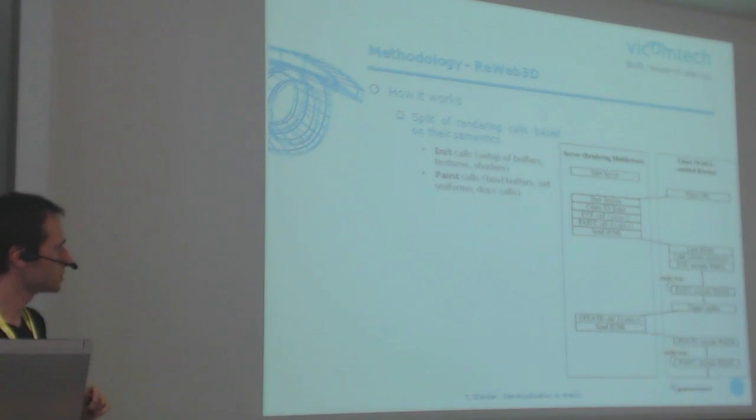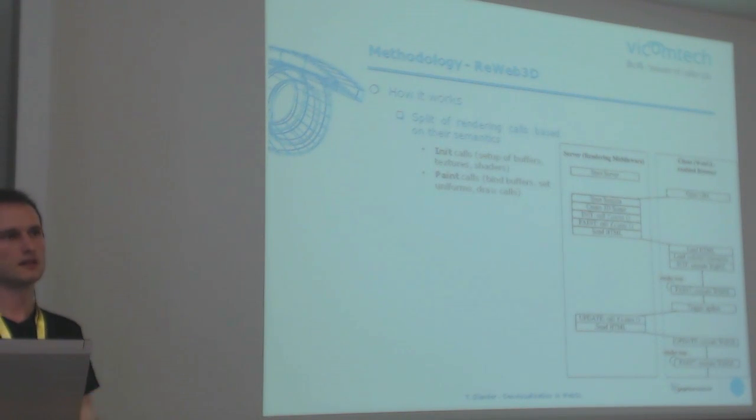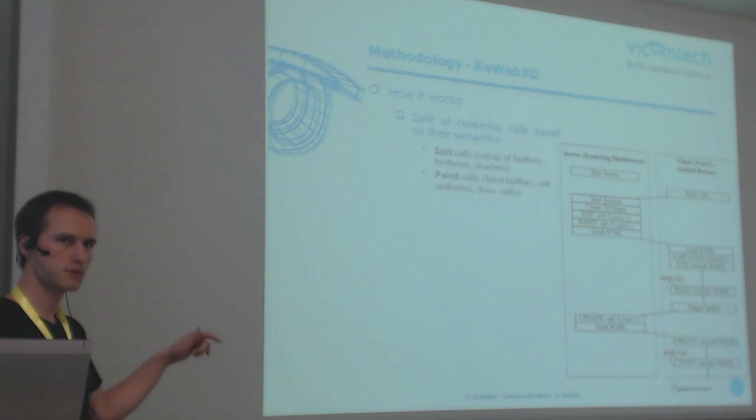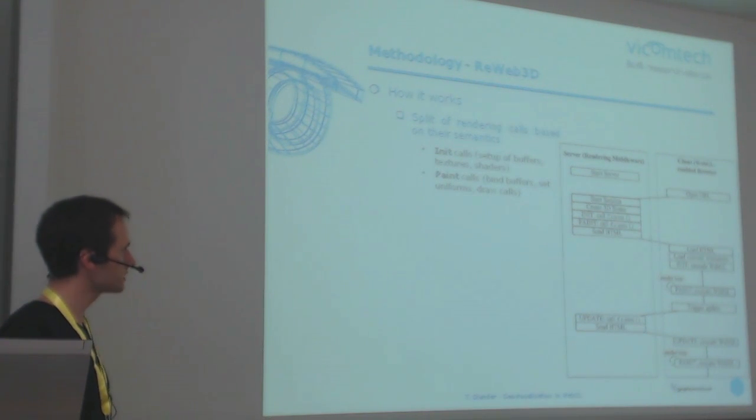So in init we just send the calls to OpenGL that are related with buffer creation and everything to the client, and in the paint call we just send the calls that are related with the paint, the actual render loop. That means on the server we just run twice the scene traversal, and then everything else is done on the client.